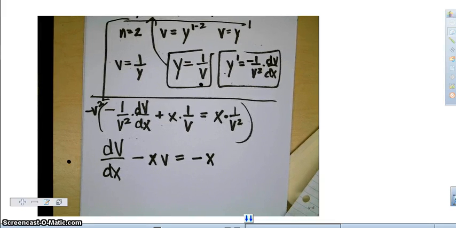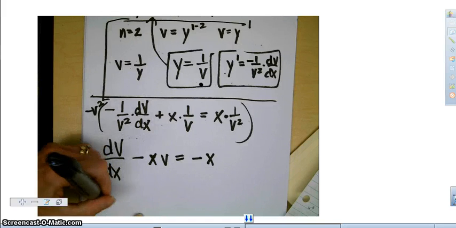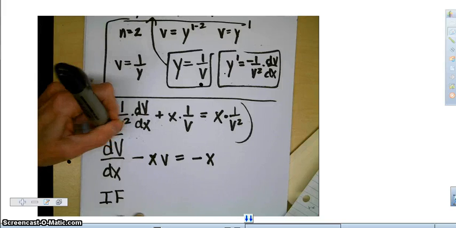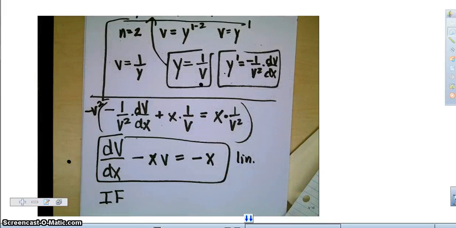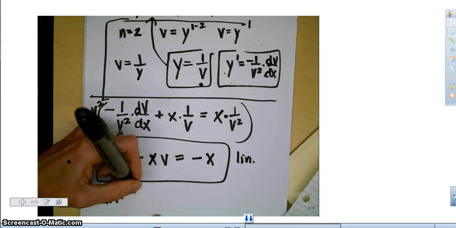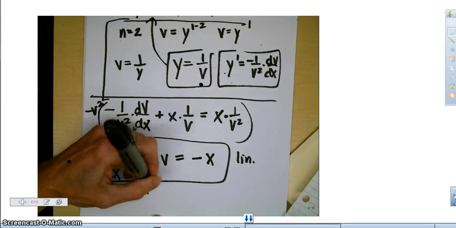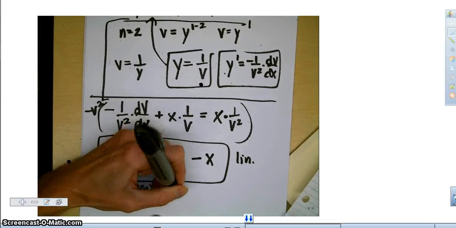So what is my integrating factor here? I need to find my integrating factor now. Okay, this is linear. Now, linear differential equation. What is my p of x? P of x is not x. It is negative x.